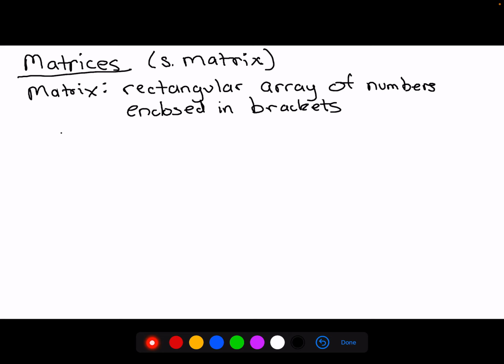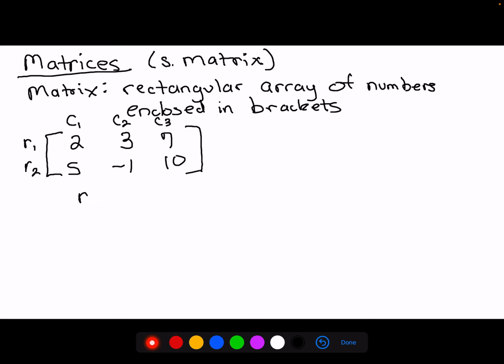So it might look like something like this. 2, 3, 7, 5, -1, and 10. So that's an example of how a matrix might look. So it's in a rectangular shape. You've got rows and columns. Like you have 2 rows in this case, and you have 3 columns.